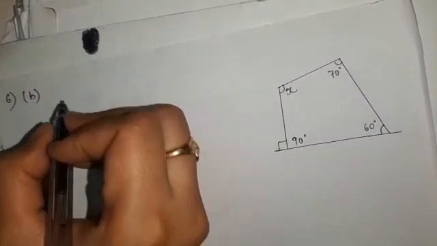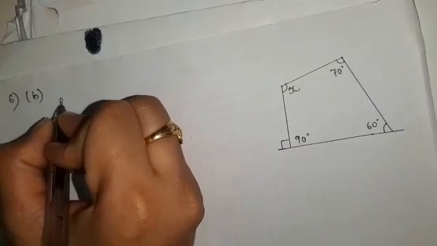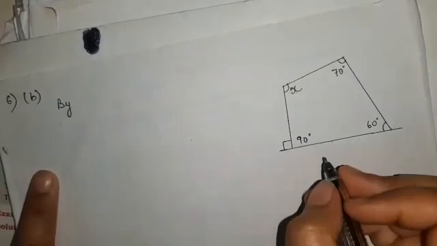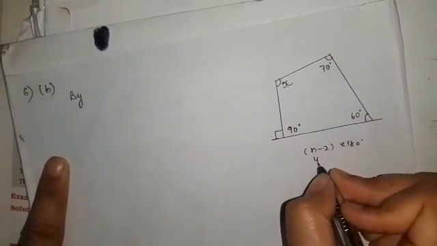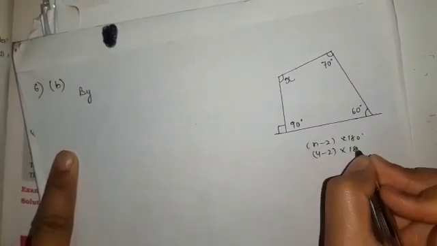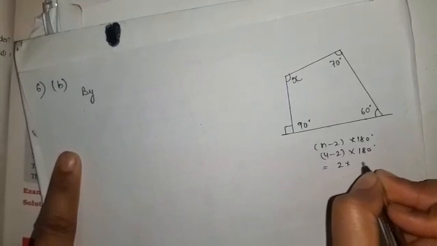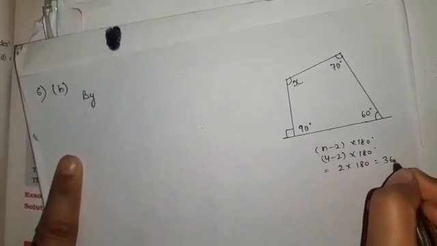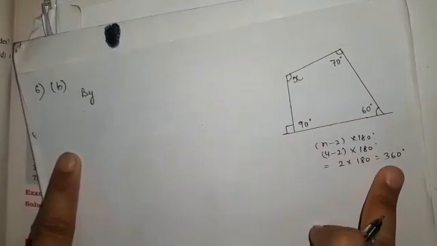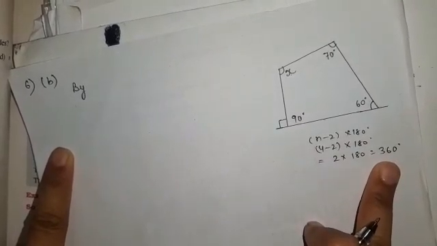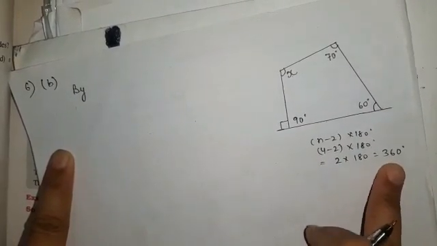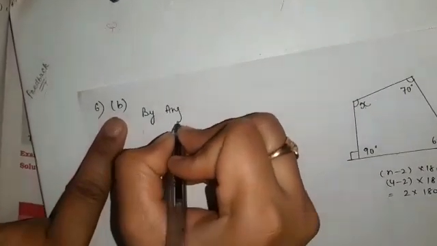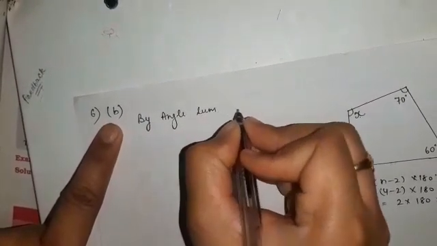So the angle sum of a quadrilateral is 360 degree by the formula n minus 2 into 180 degree, means 4 minus 2 into 180 degree, that means 2 into 180 degree, this is equals to 360 degree. If you already know that the sum of angles of a quadrilateral is 360 degree, you can skip this step. Okay, you can directly write down by angle sum property.